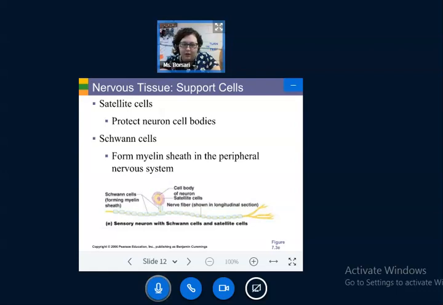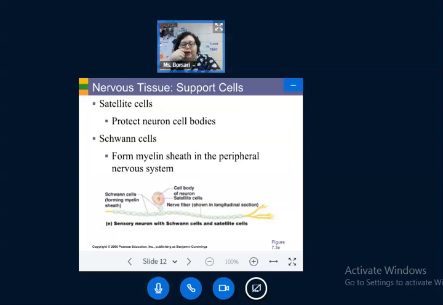Think of it like a cord for your electronics. You're not going to see the wires unless you're breaking your charger. There's a protective wrapping over them. It's the same sort of function the myelin sheath provides for our neurons.